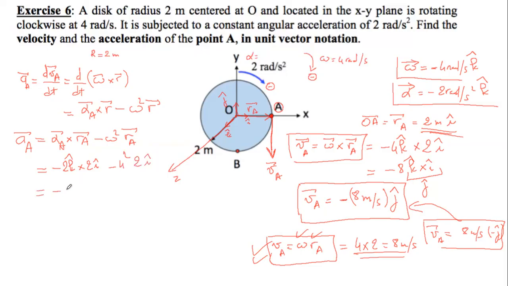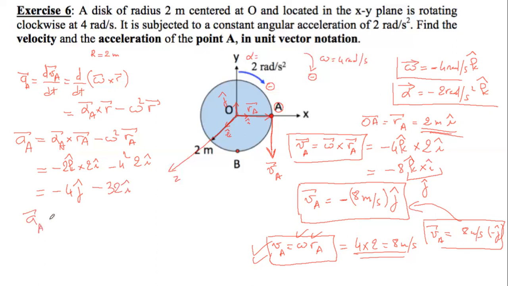So we will have minus 4 k cross i, that gives you j hat, minus 16 times 2, that's 32 i hat.